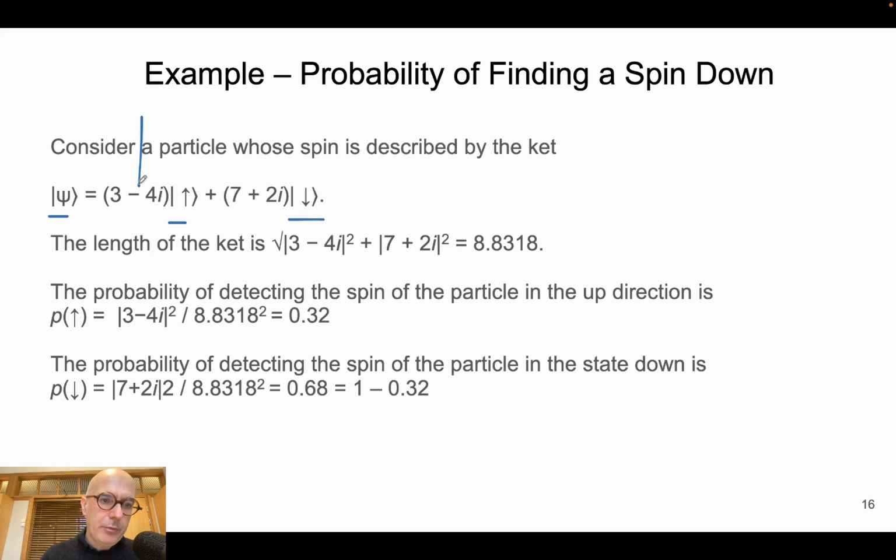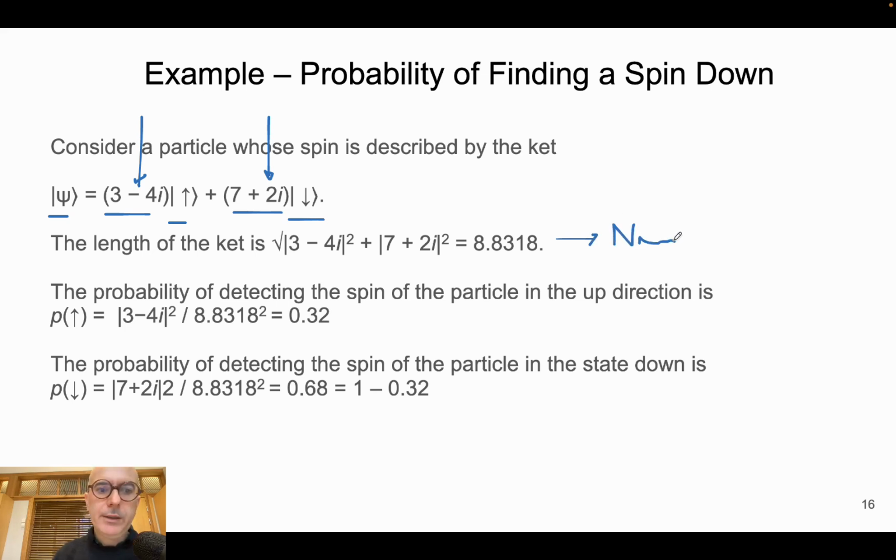And then we have a complex number that is telling us the probability of finding the particle either in spin up or down. The first step that we're going to do is to find the norm of this vector, because we want to do the normalization.